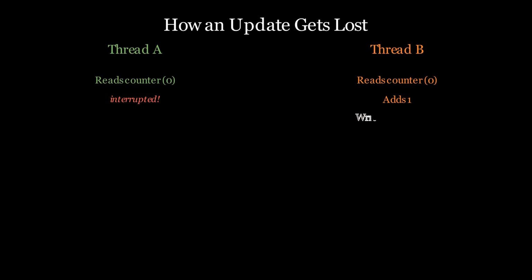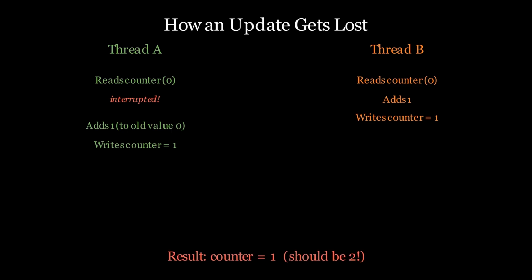Now, thread A resumes right where it left off. It already read 0 earlier, so it adds 1 to that old value and writes counter as 1 again, completely overriding thread B's update. 2 threads each tried to increment the counter once. The counter should be 2. It's 1. One entire increment just vanished, and neither thread ever knew it happened.